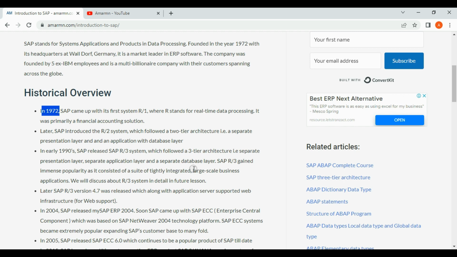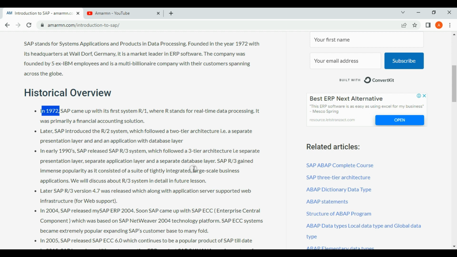Then we will also try to understand what the important products released by SAP over time were. Just like Microsoft has its own set of products, like the Windows operating system, and Microsoft Office is another popular product of Microsoft.